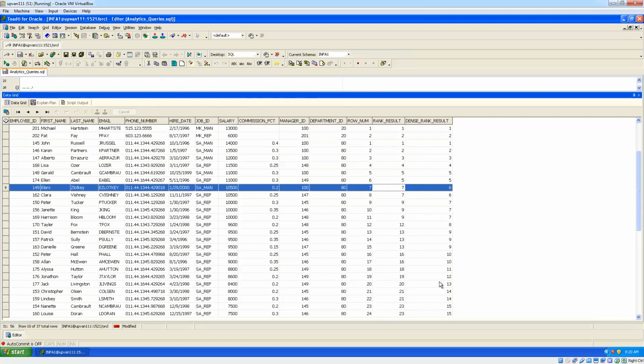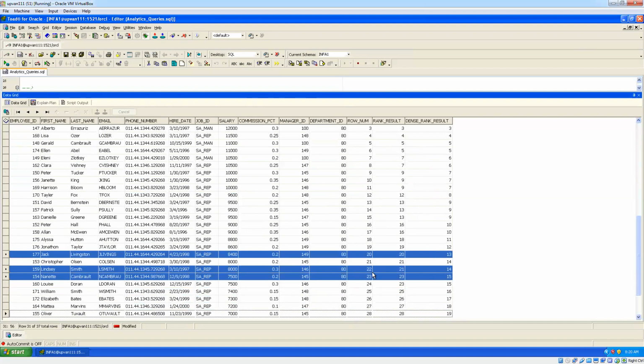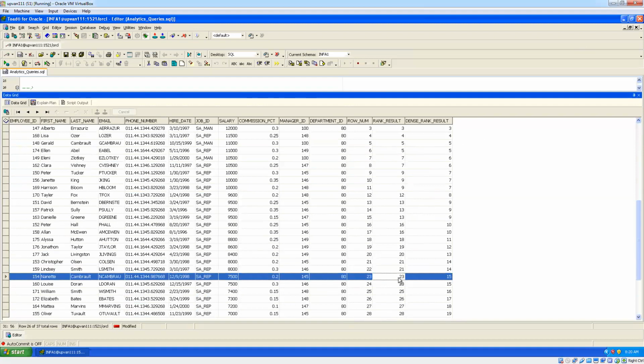Look at these records now. What information do you get from 23? Dense rank is 15. My question is what information do you get from 23?